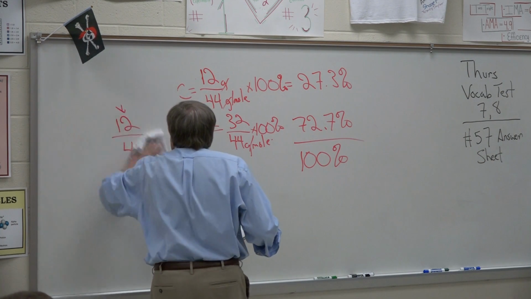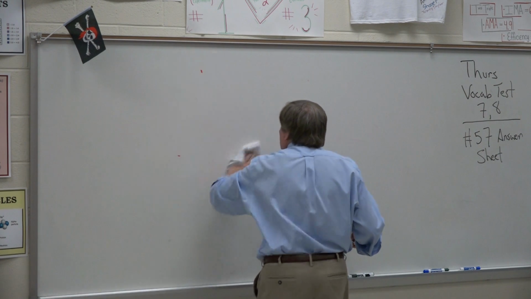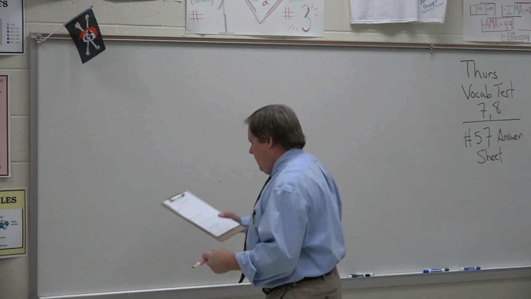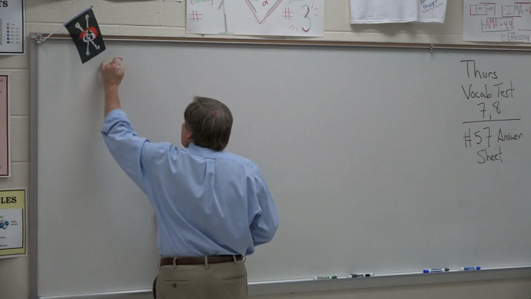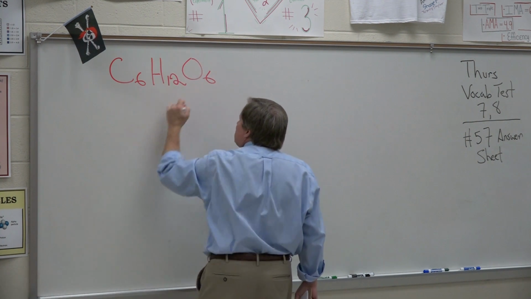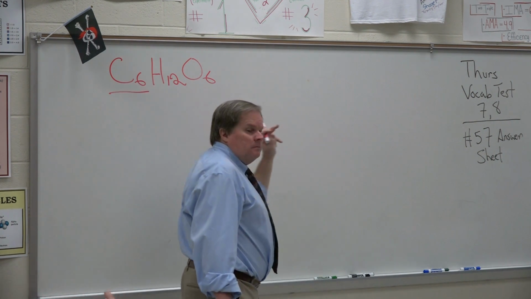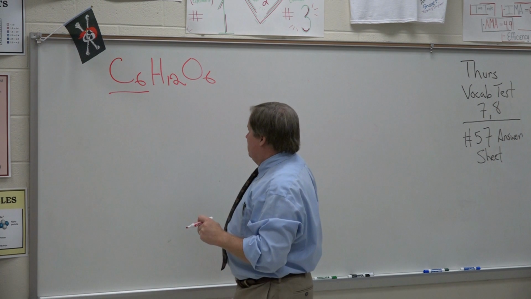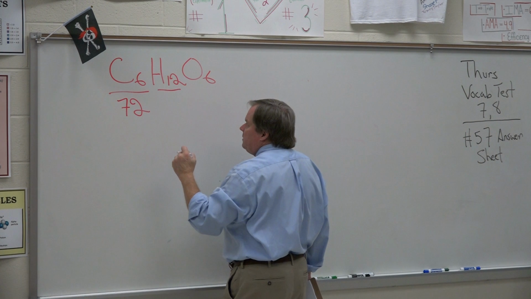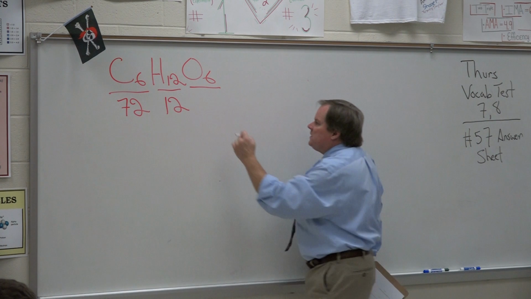Now the big one, glucose, C6H12O6. What's my total mass of the carbon? 72, 6 times 12. What's my total mass of hydrogen? 12 all day long. What's my total mass of oxygen? 96.